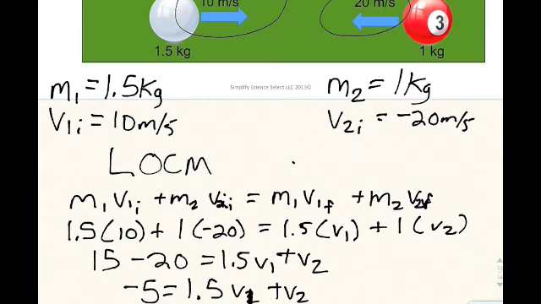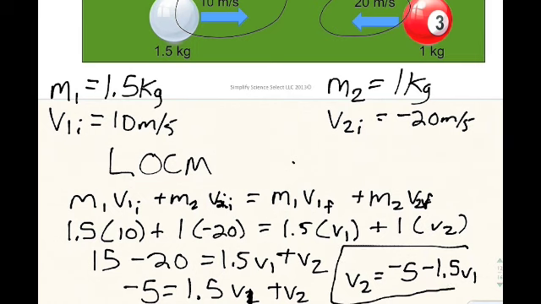Another way of expressing this would be that you can say that V2 is equal to negative 5 minus 1.5 V1. Okay. Now there's a problem with this particular equation. I've simplified it just about all I can, and if you notice, there's still two variables.